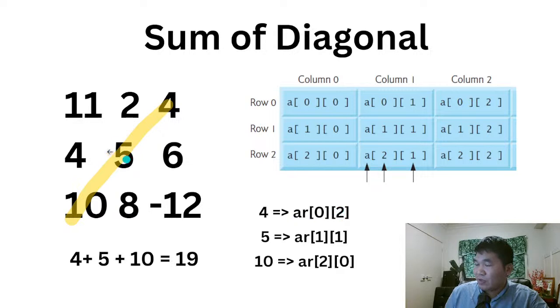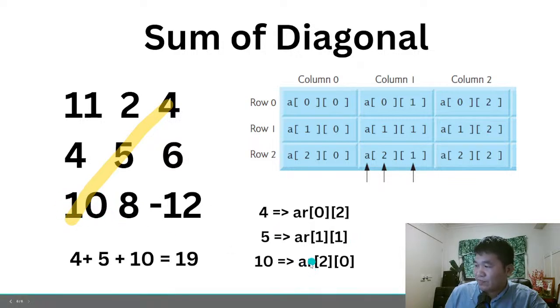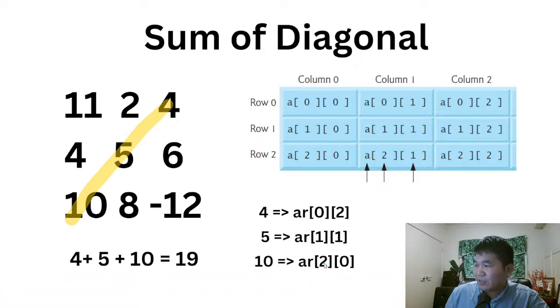And if we would like to access number 5, we are writing array first index for row and first index for column. So as the same, number 10, we are writing a second index for row and the 0 index for column.